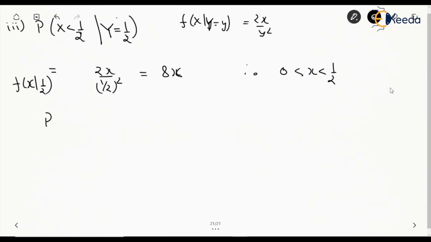So this probability, I'm writing just p, will be integration 0 to half 8x dx, which is 4x square with limit 0 to 1 by 2, which is 1. The fourth one, we'll write it in the next page.